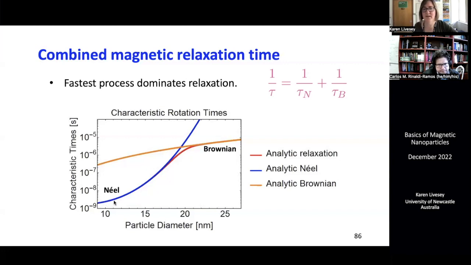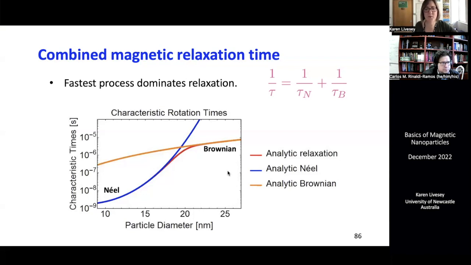And it goes from being Néel dominated to Brownian dominated. And there's this region here where both mechanisms are playing a role. Okay, so we have this crossover regime. So I think this plot's really useful for understanding small particles. We've got Néel relaxation dominated, big ones it's Brownian, and in between we can have a crossover effect.